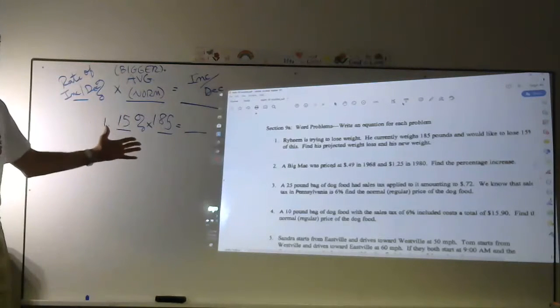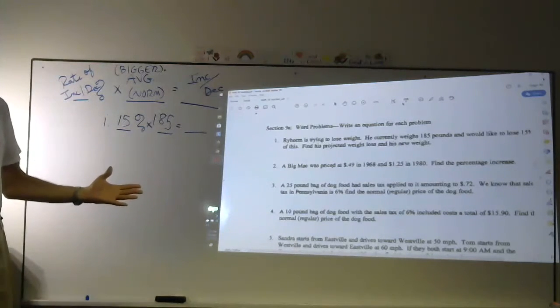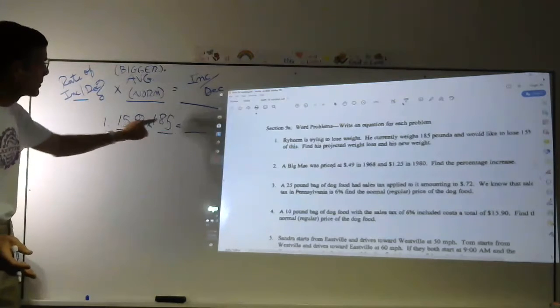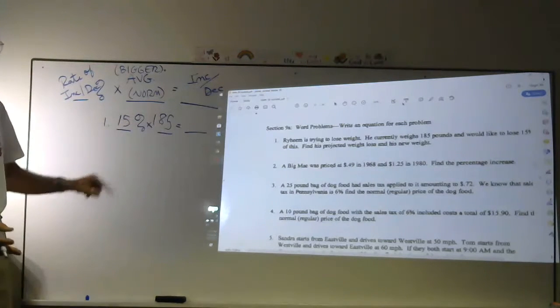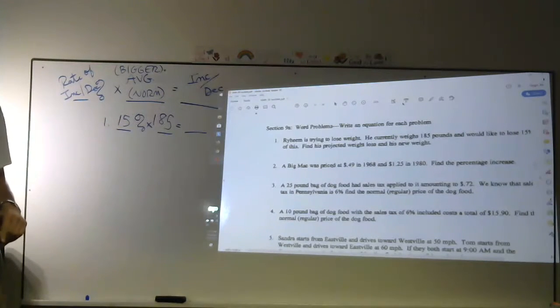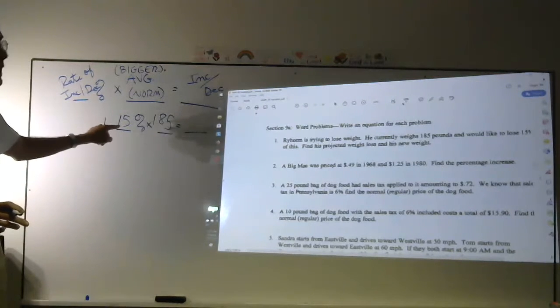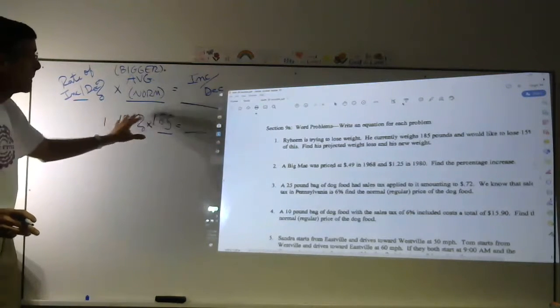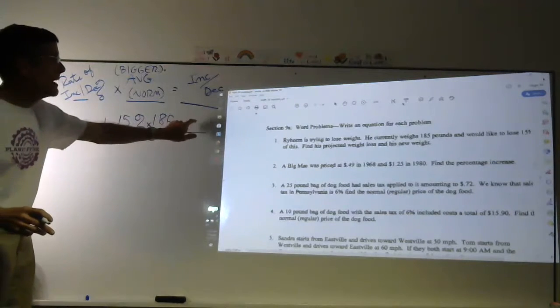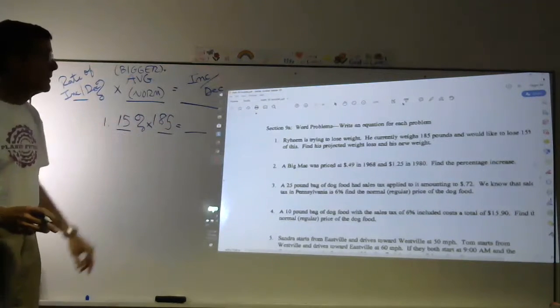The beauty of this technique is it tells you what to do. It tells you to multiply these two things. Now, 15% is 0.15. You have to change it to a decimal or a fraction. You can't deal with a percent. So I'm going to multiply 0.15 times 185 to get the actual decrease in his weight.